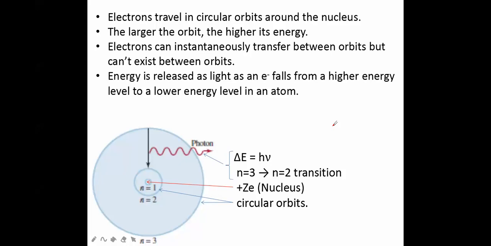So energy is released as an electron falls from a higher energy level to a lower energy level. Remember, it has a lot of energy in the higher energy level. So as it comes to a lower energy level, it will release energy. Hence, the value will be negative. As we do the calculations, you see the value to be negative.